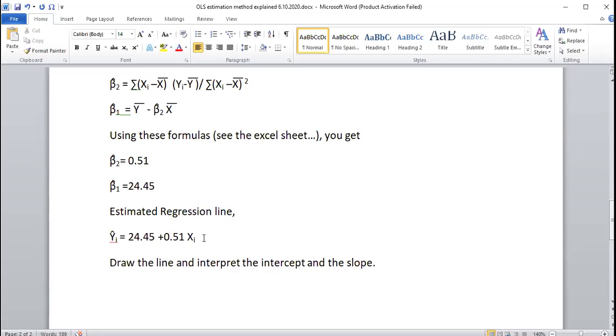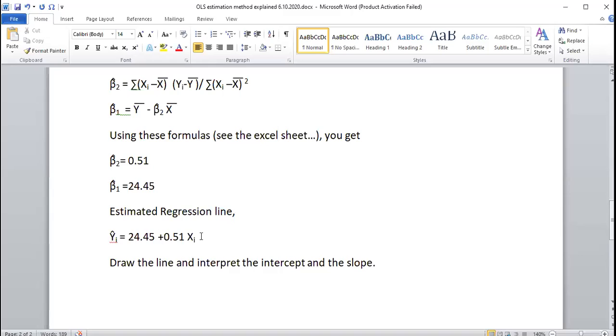When we add 0.51 x1, we will get 1 y1. Say it again, please, from the beginning. Sorry, your internet is not good.